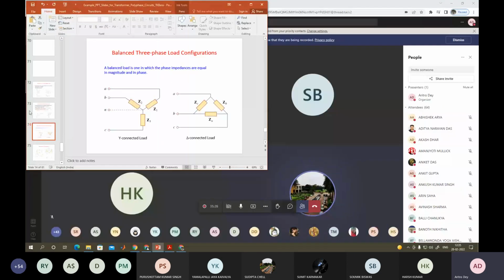Z1 magnitude and phase both have to be the same, which means your impedance magnitude, phase, and power factor, everything has to be the same. If your Z and theta are the same, then for each phase you are drawing the same current, so the drop across each impedance, I into Z, will be the same.